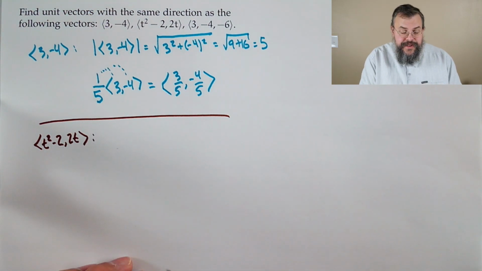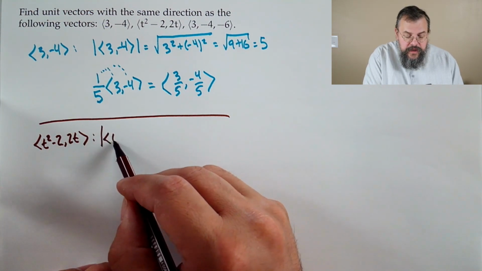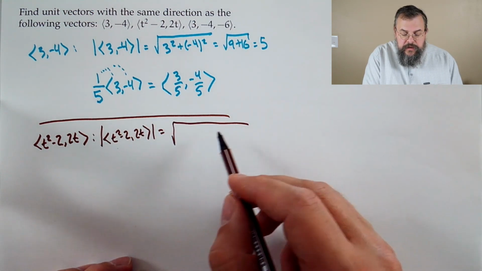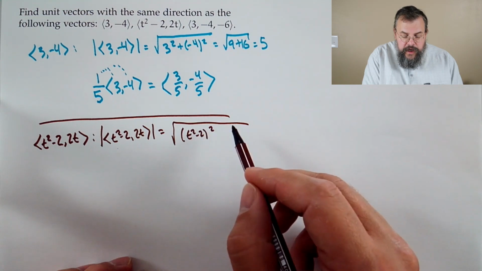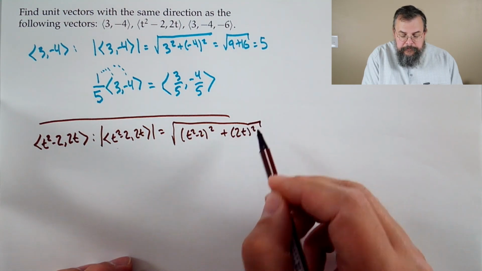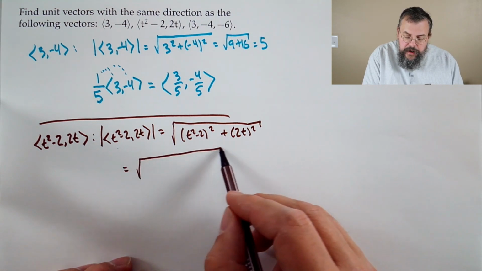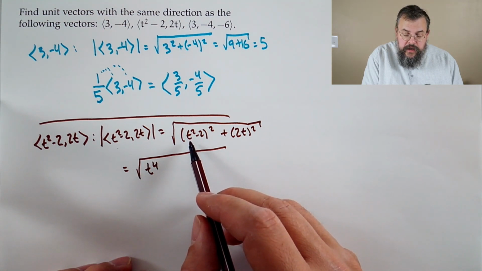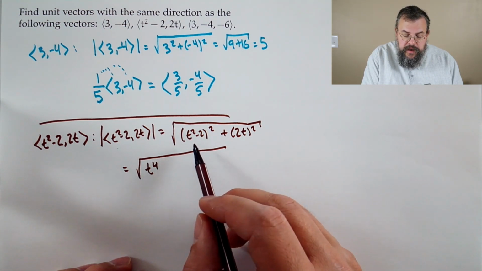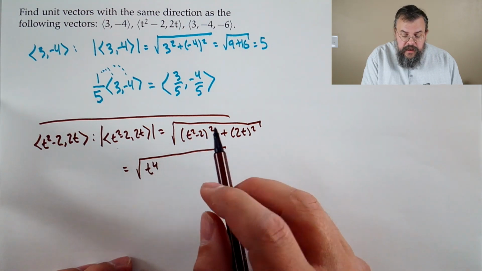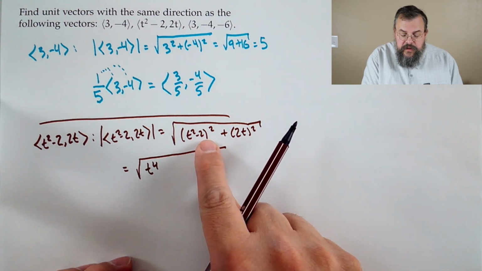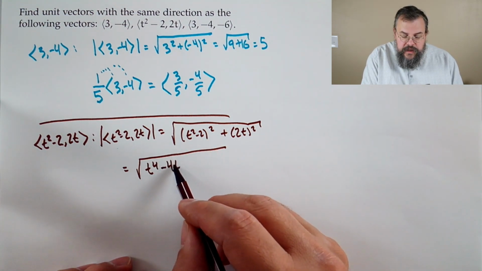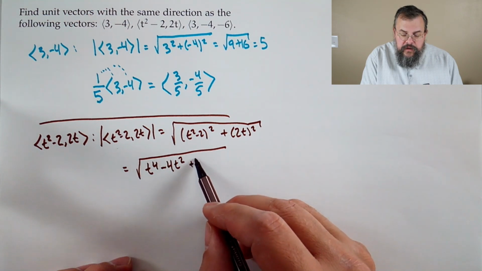All right, well, what do we do? Same process. It doesn't change. We take the magnitude of t squared minus 2 comma 2t. So that's the square root of (t squared minus 2) squared plus (2t) squared. Multiplying that out, t to the fourth, which is the t squared squared, then the cross terms, normally we say 2ab, and because there's a 2 there, 2 times 2, that's really a minus 4t squared, and then plus 4.